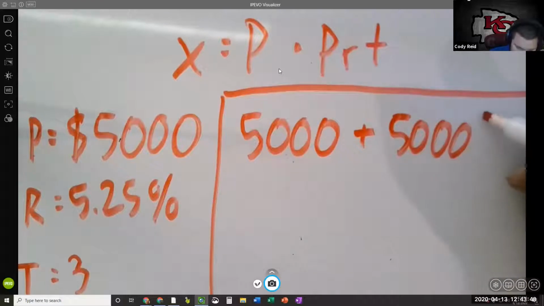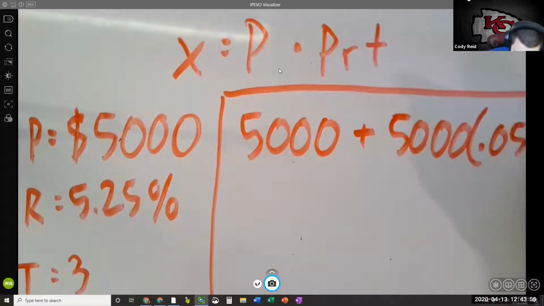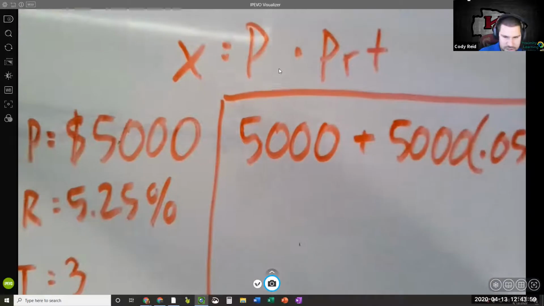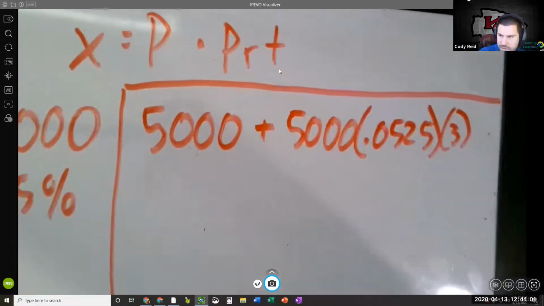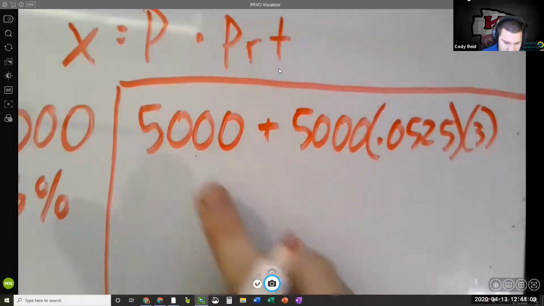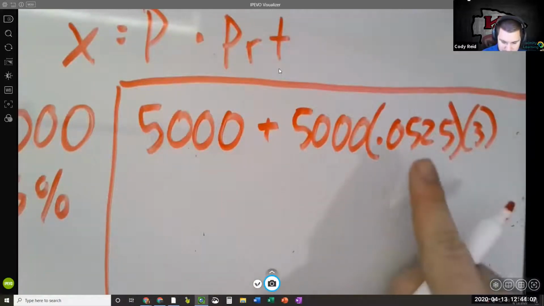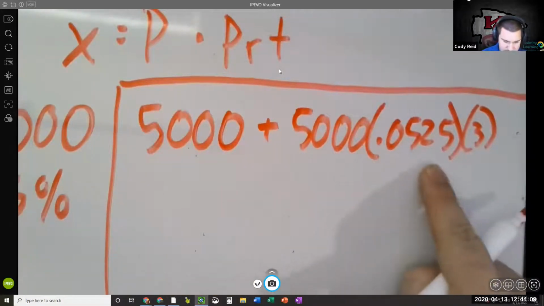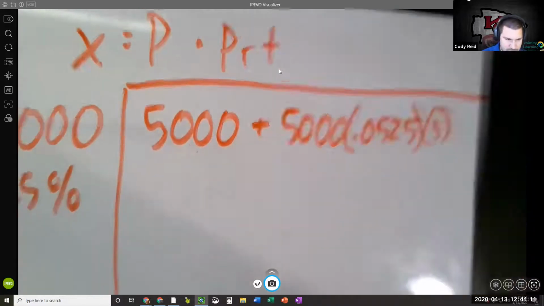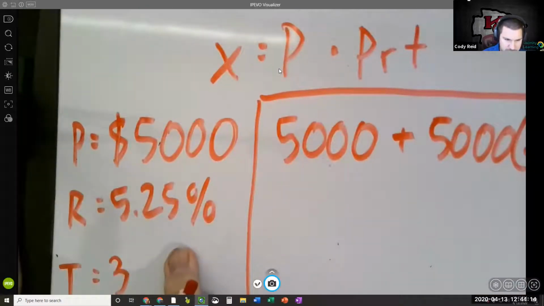And then the 5,000 times 0.0525 times 3. So this is what she started with, and we have to multiply the interest rate that we got from the percentage.